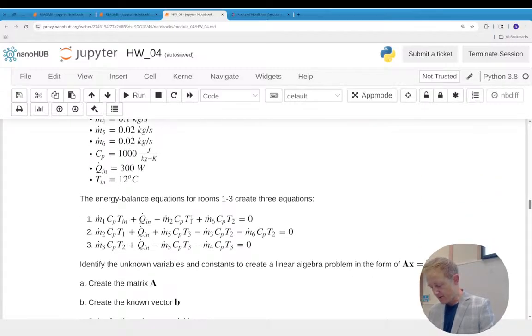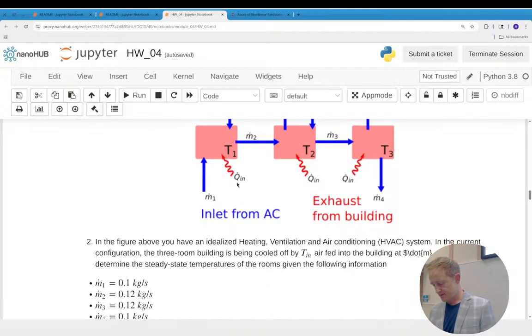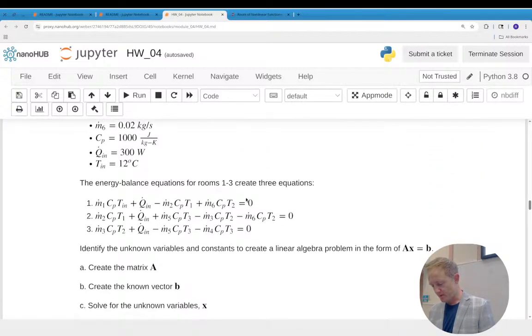We end up doing an energy balance in each room. 3 rooms, 3 equations, so we can have up to 3 unknown temperatures. Each room has some temperature that we're trying to solve for.